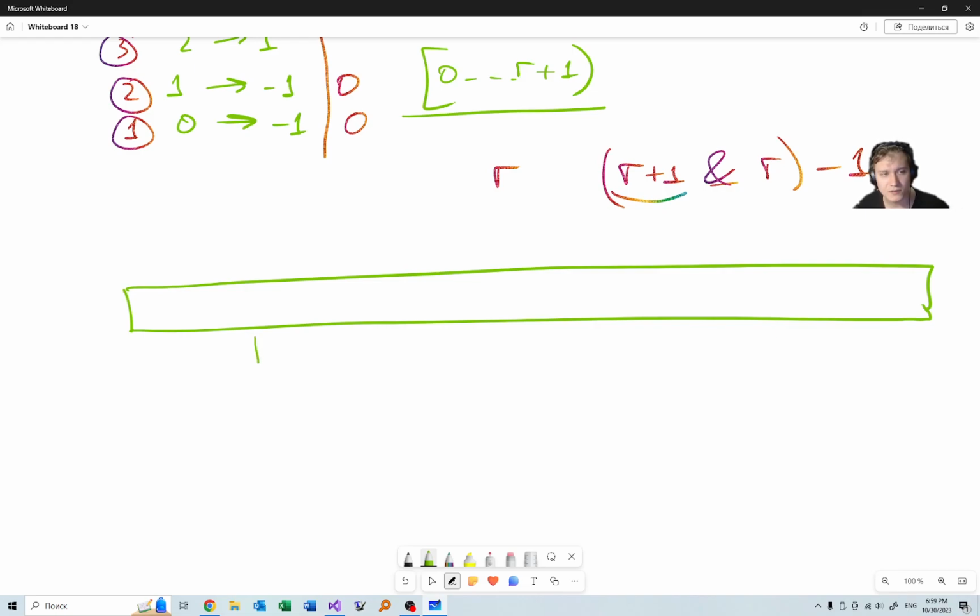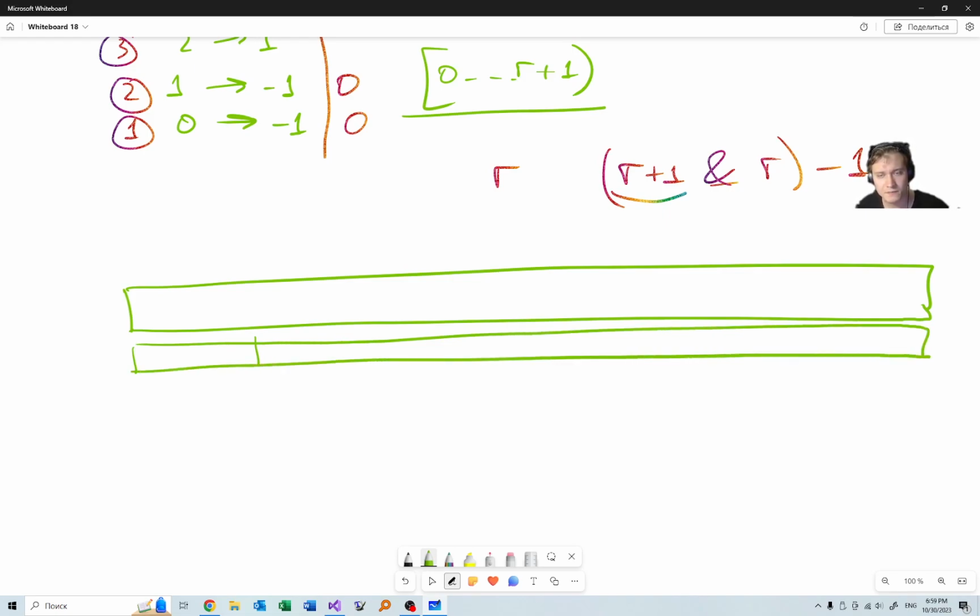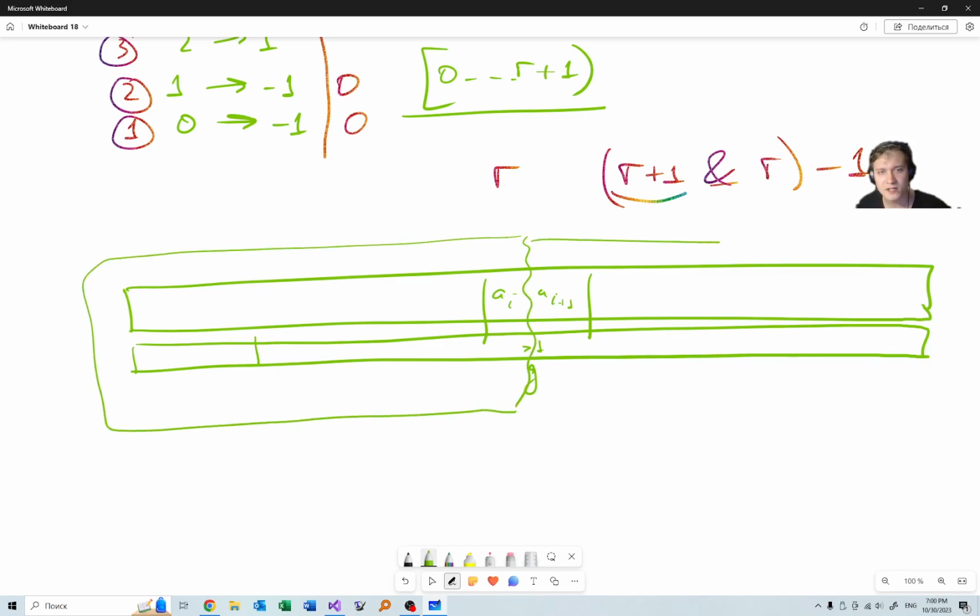And we want... if there are two elements which do not have GCD 1, so their GCD is greater than 1, then we can simply look at this part and this part separately.